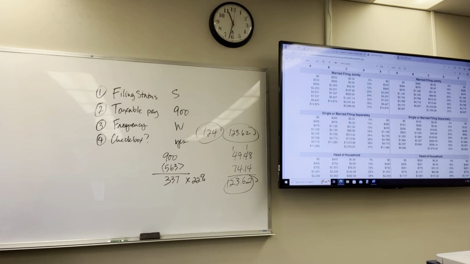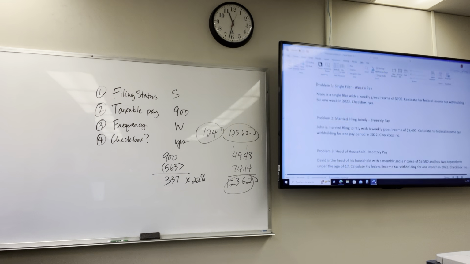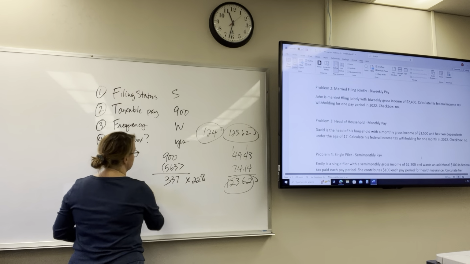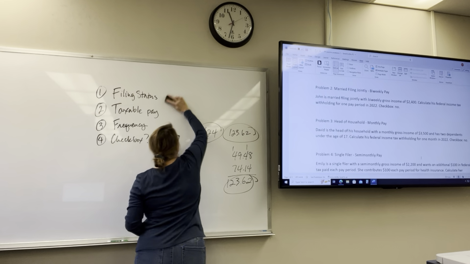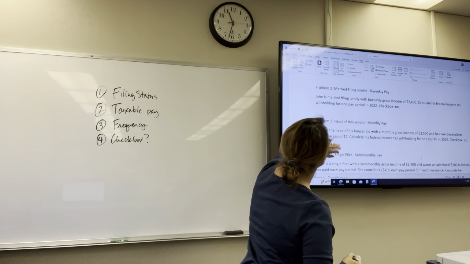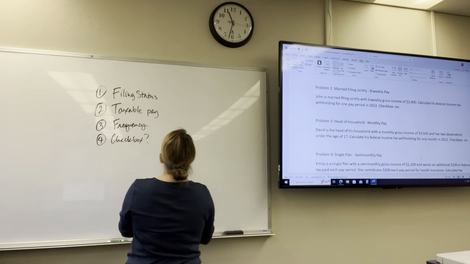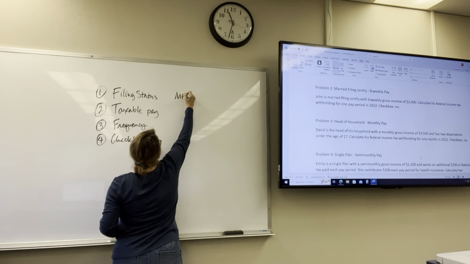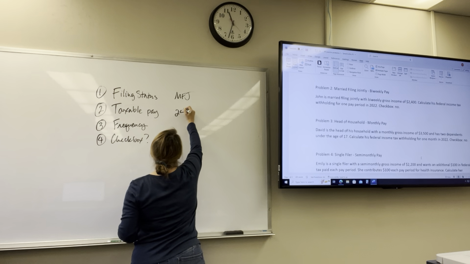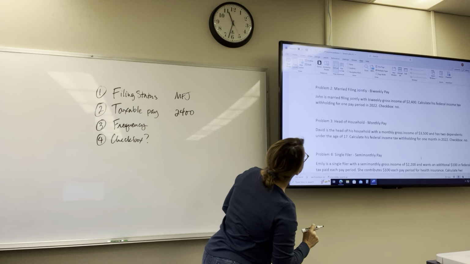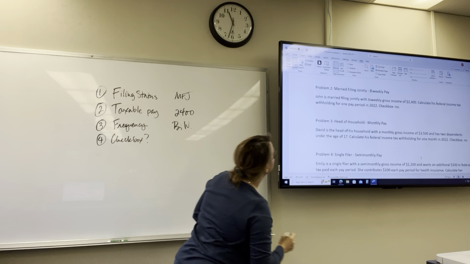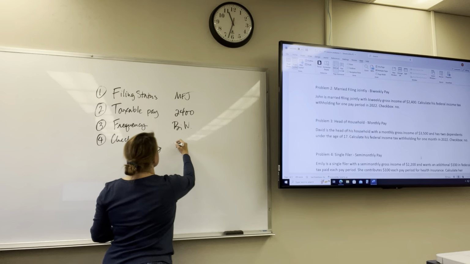Let's look at another one. Now we've got John, again married filing jointly, $2,400, bi-weekly, and no checkbox.